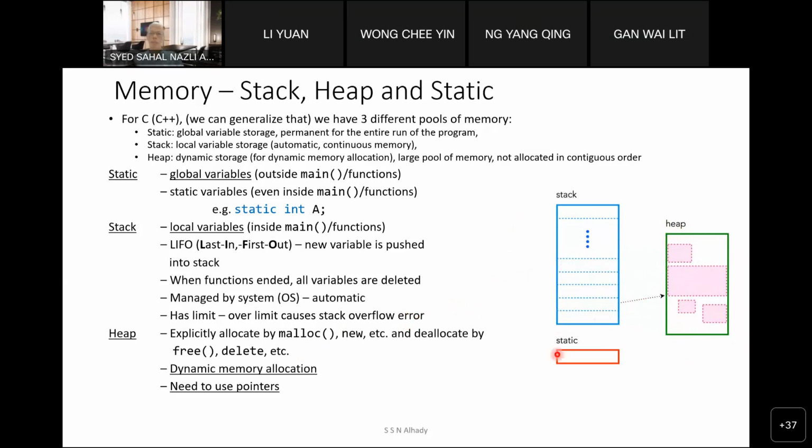Excuse me, Prof. May I know what is contiguous? It means it is in order of management. For example, this is location number 1, the next location is number 2, 3, and so on.